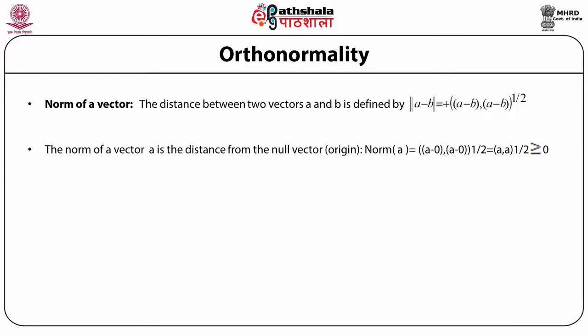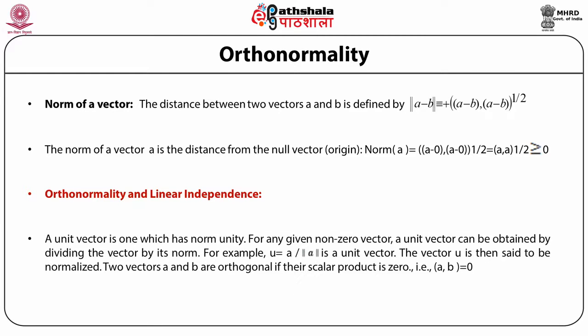Next, we come to the condition of orthonormality and linear independence. Once we have defined the norm of the vector, then we can come to a unit vector, which is defined as a vector which has a norm unity. For any given non-zero vector, a unit vector can be obtained by dividing the vector by its norm.